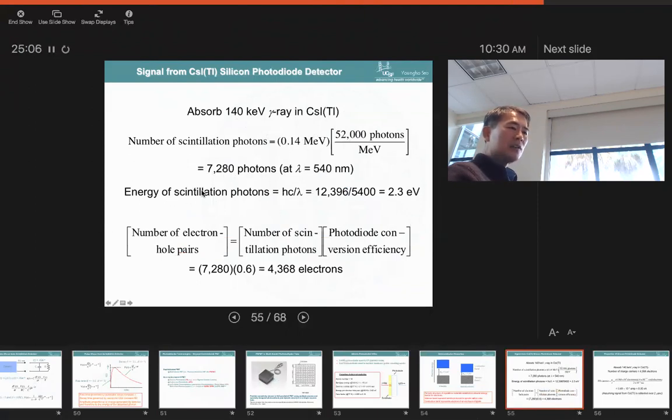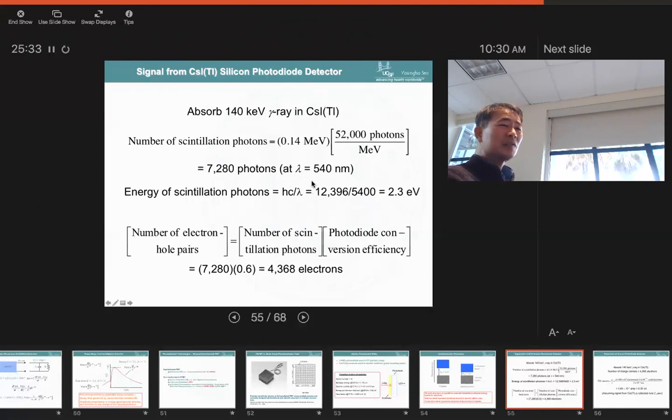So the energy of scintillation photons, do you remember this equation? Do you remember that the energy of a photon is the Planck constant, h, times the frequency? H times nu. That's the equation I just wrote here.